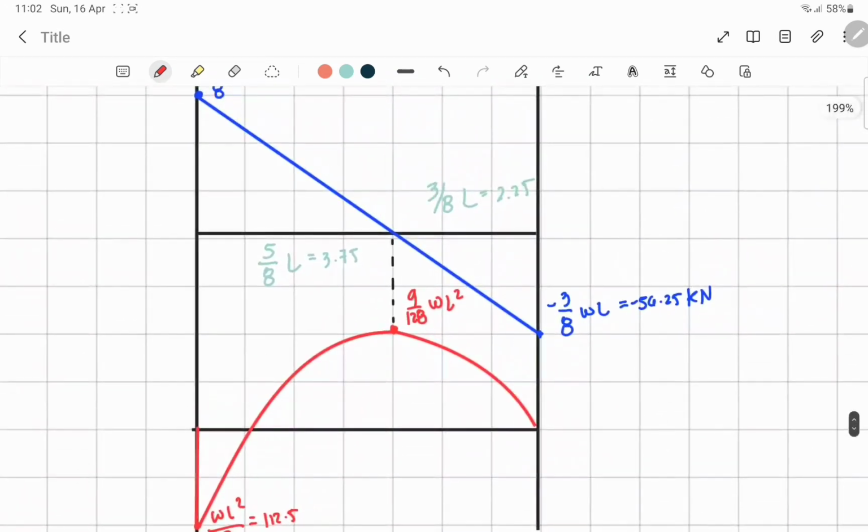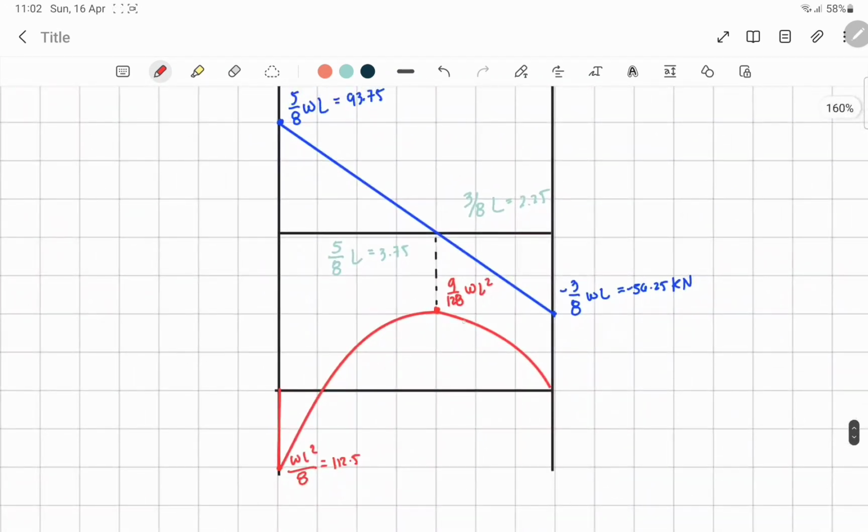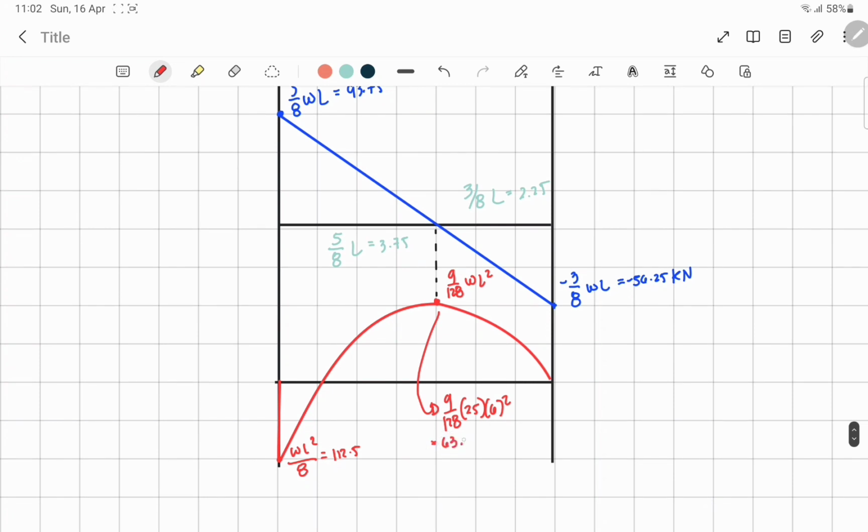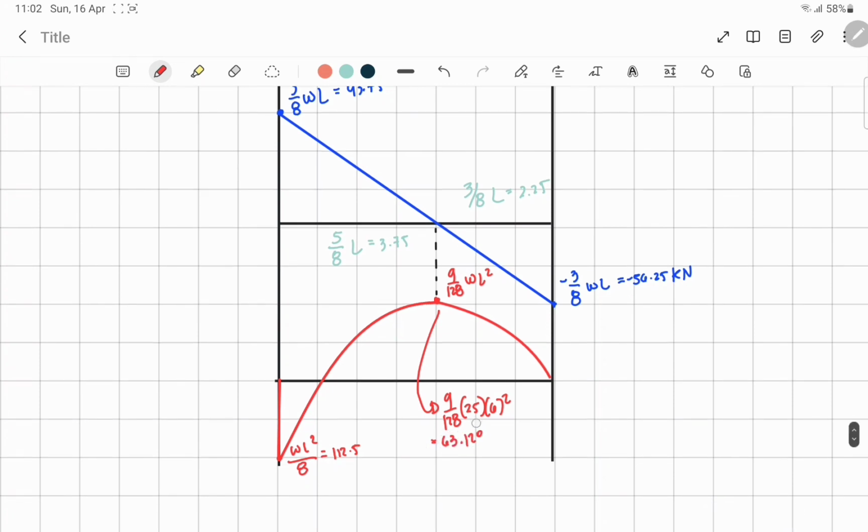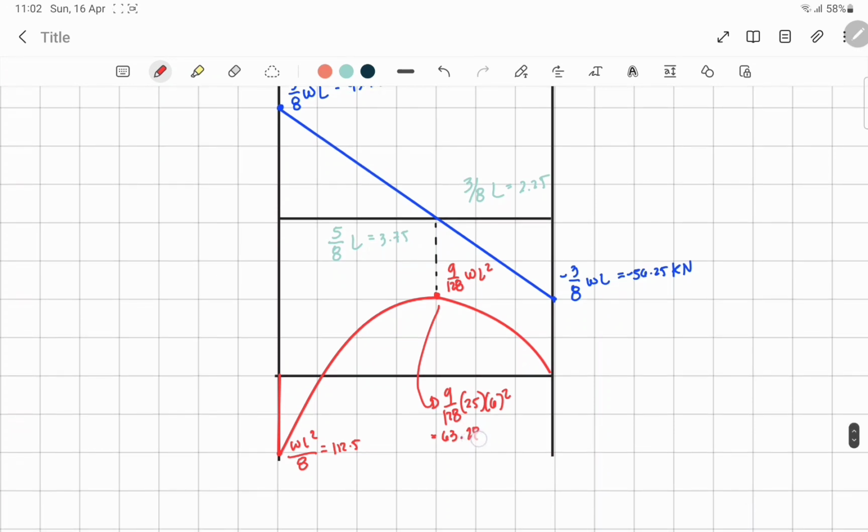So, moment naman dito, moment here, solve ko dito. So, 9 over 128 times 25 times 6 squared. Our answer is equal to 63.28. Okay.